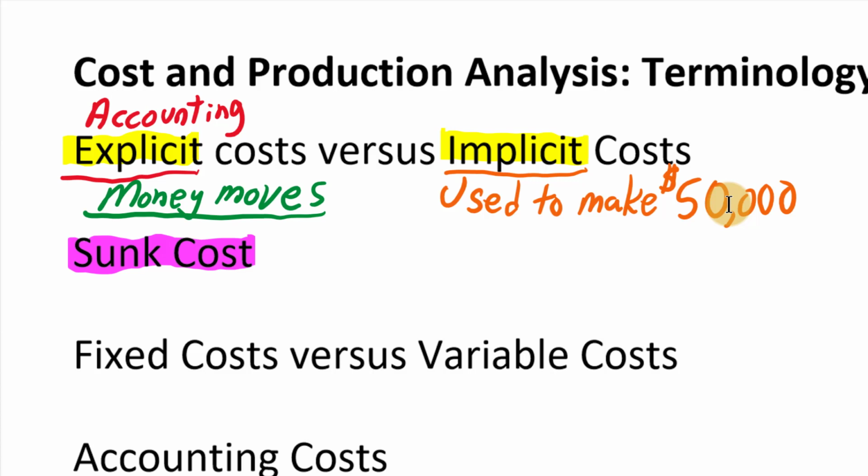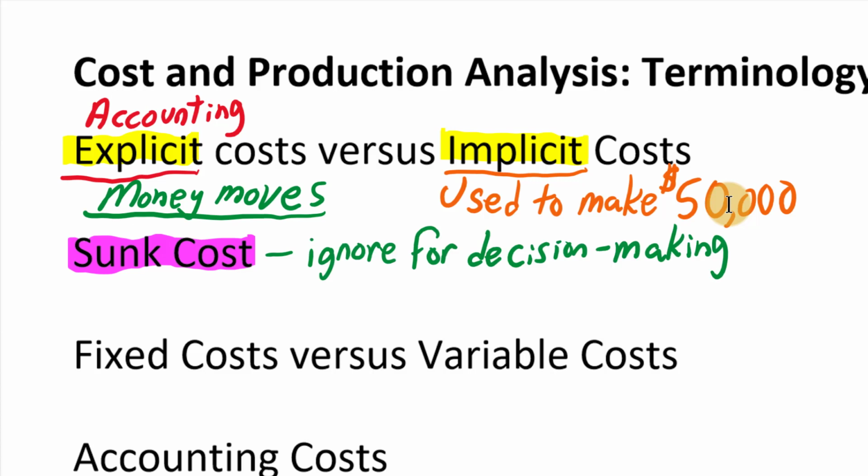What's important about a sunk cost is, since you've already spent the money and you can never get it back, the rule economists want you to always think about is ignore them for future decisions. So sunk costs, since it's money that is permanently gone, it cannot be affected by anything we do, and therefore we need to ignore it when we make future decisions.